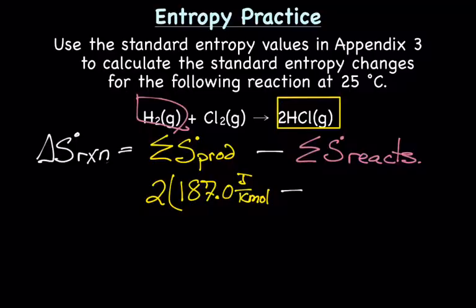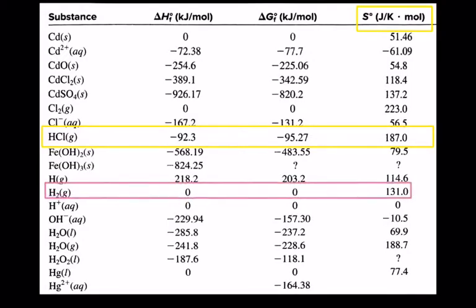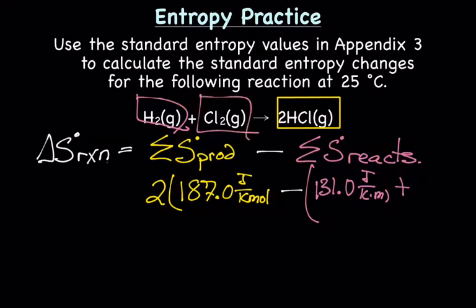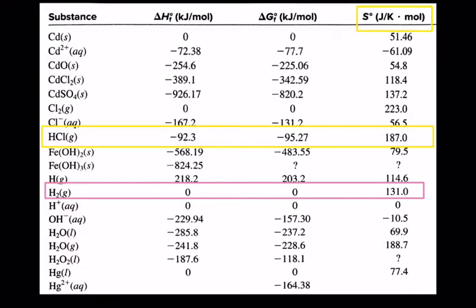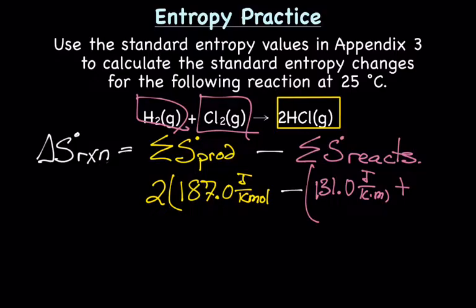We'll look hydrogen up, and our hydrogen is 131.0 joules per Kelvin mole, plus our chlorine, which is 223 joules per Kelvin mole.